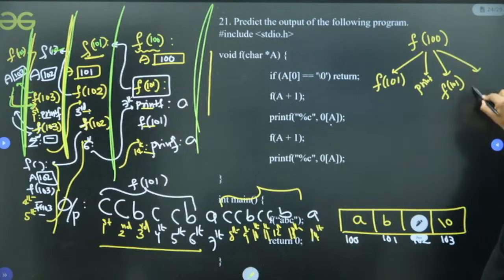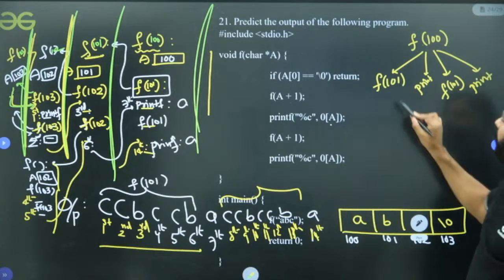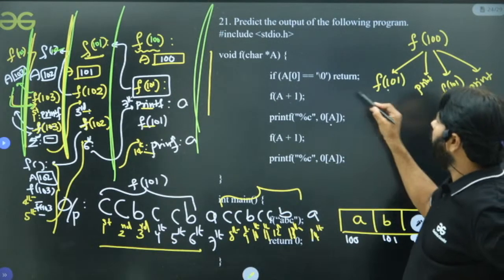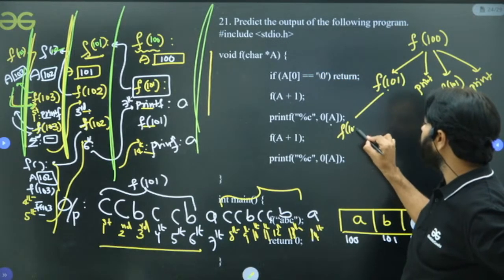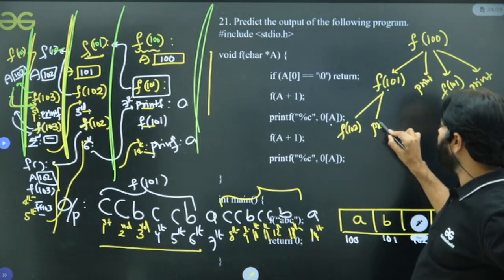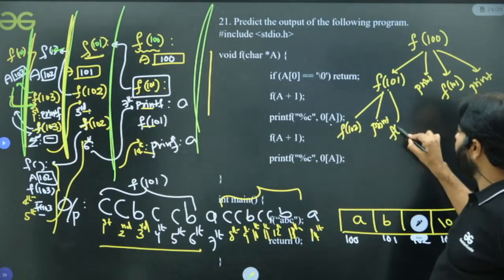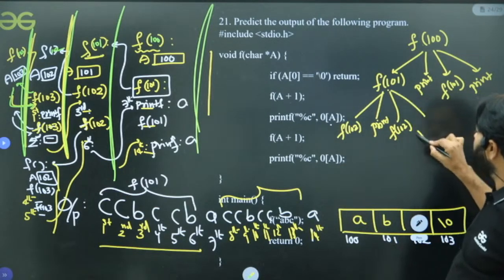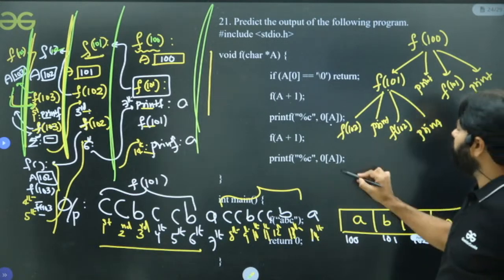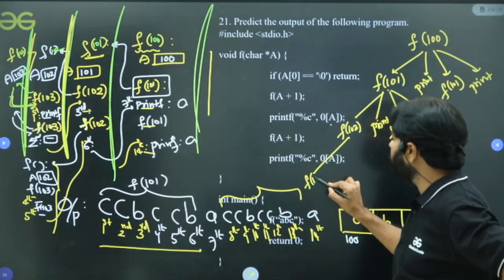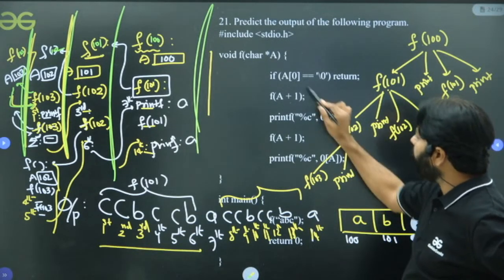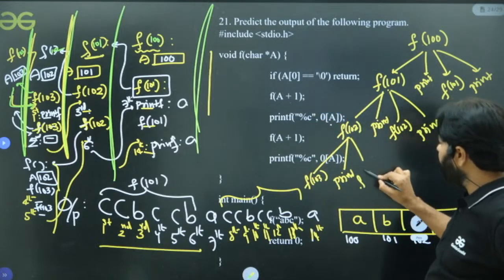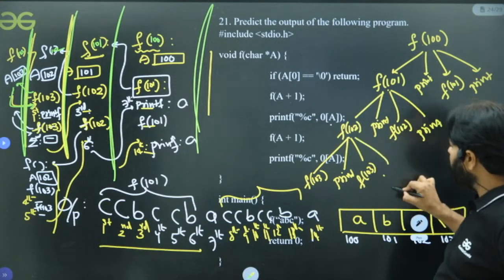It should print, yes or no? And f of 101 calls f of 102, and there is a print, and f of 102 calls 103, not just 103, it also requires a print, because there are 4 statements: f of 103, and there is a print.